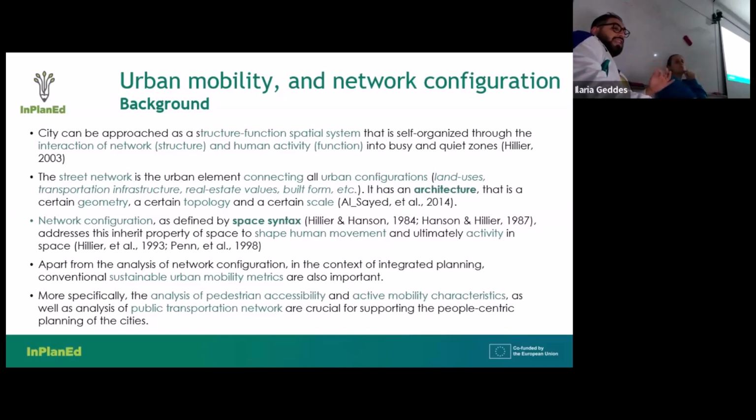I wanted to highlight this because we tend, myself included, to be more excited by the more complex and intriguing metrics that, for example, Space Syntax offers, and sometimes forget to put the needed focus on more conventional and simple metrics that really describe how the public transport is, and how the infrastructure for pedestrian accessibility is.